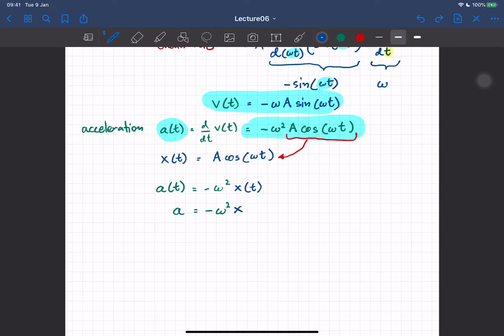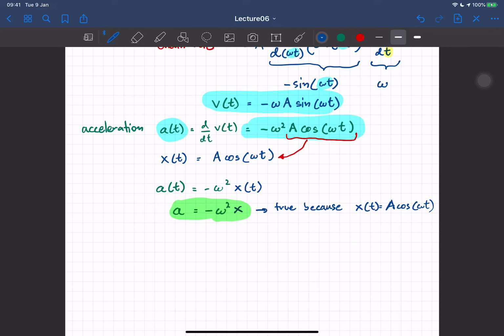But in any case, this is a very important equation, and this is true because we start from x of t equal to A cosine omega t. Okay, because that's what we start with, and then we just differentiate it twice, and then in the end this is what we got.